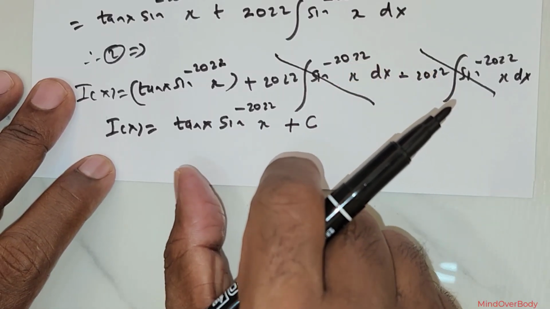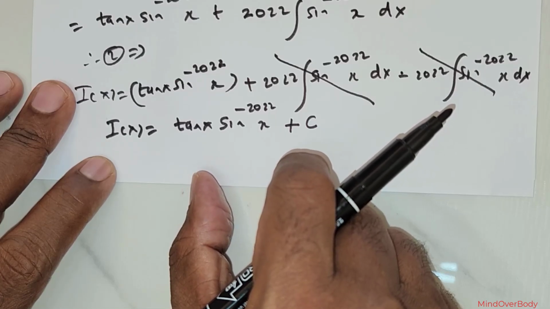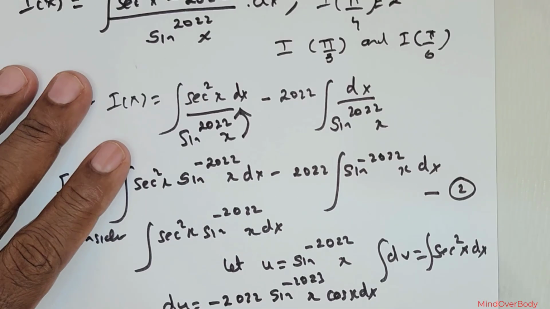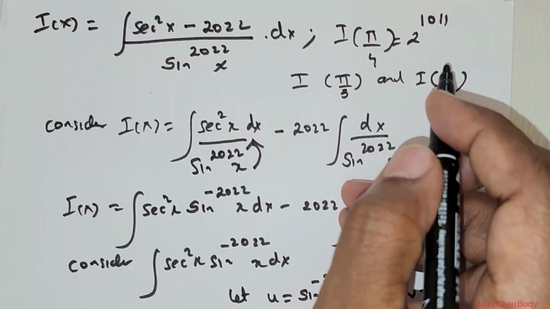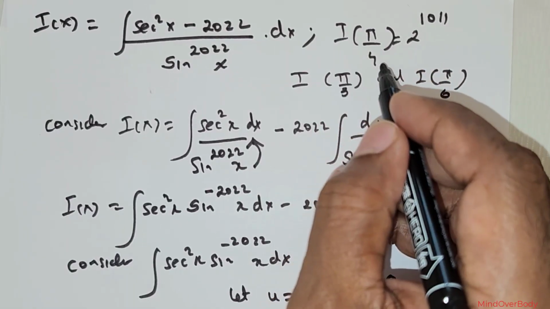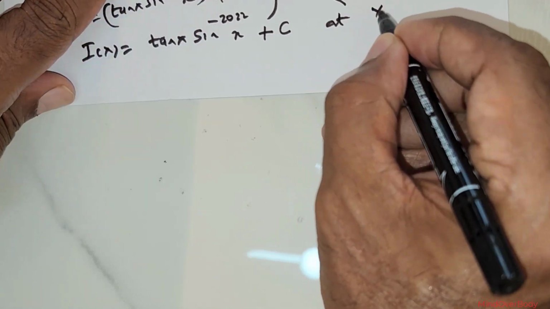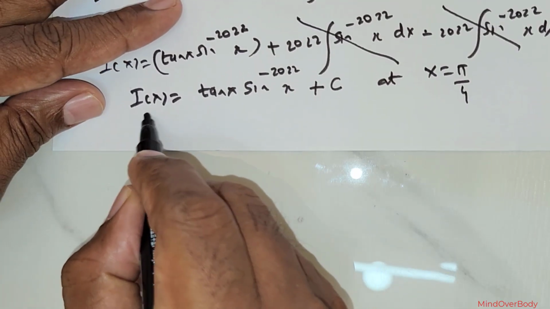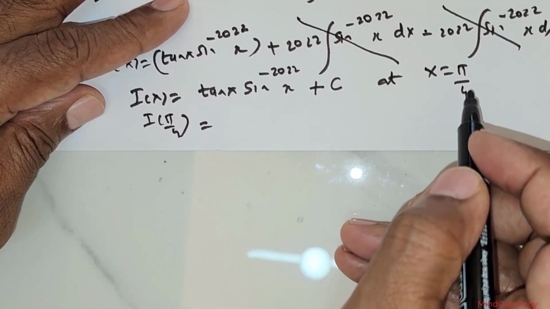Now the question does not stop here. The question actually moves further than this, because if you look at the question, it has a boundary condition: I of pi over 4 is equal to 2 raised to the power of 1011. So at x equal to pi over 4, what do you get? You get I of pi over 4 equal to tan of pi over 4.